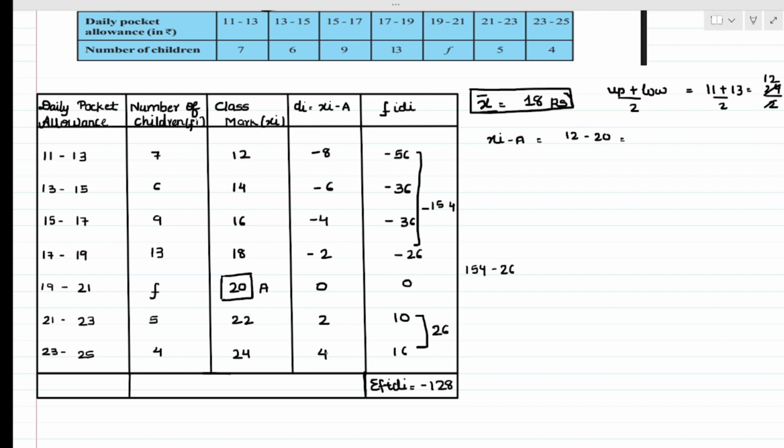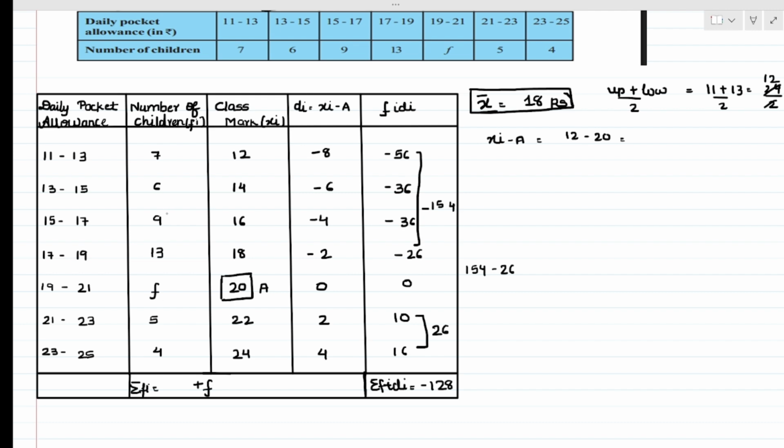Keep this over here. Now for this, the summation of sigma Fi will be equal to, now you need to keep this in your mind that you need to add all the numbers but you have to keep plus f as it is because you need to find out this missing frequency.